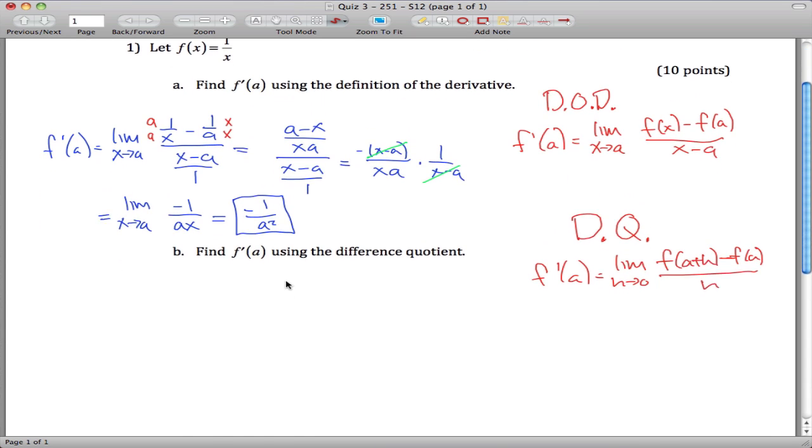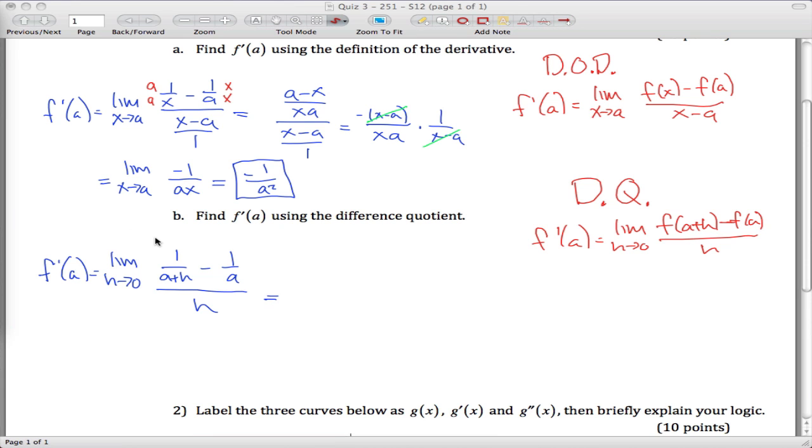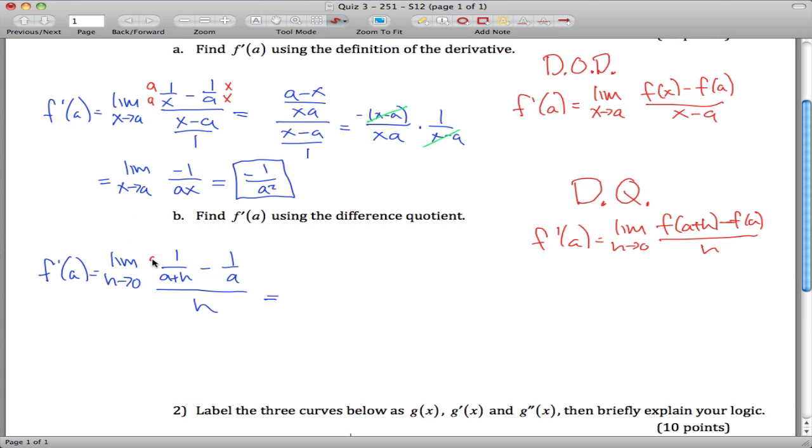Alright, hopefully we can get that same answer using the difference quotient. Let's see, using the difference quotient, f prime of a is the limit as h approaches 0 of f of a plus h, so 1 divided by a plus h, minus f of a, 1 over a, divided by h. Okay, same idea. We need a common denominator up top, so what we'll do is multiply this times a and this times a.